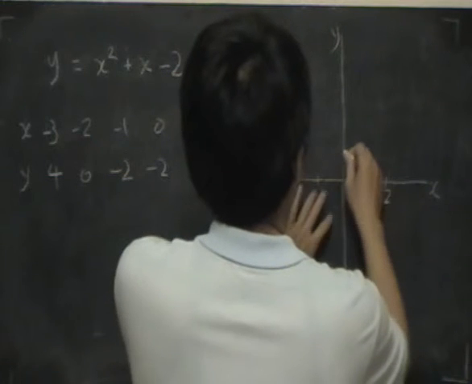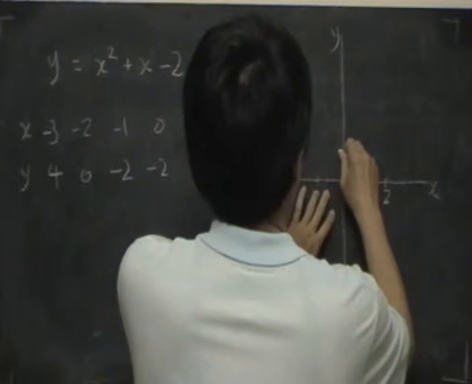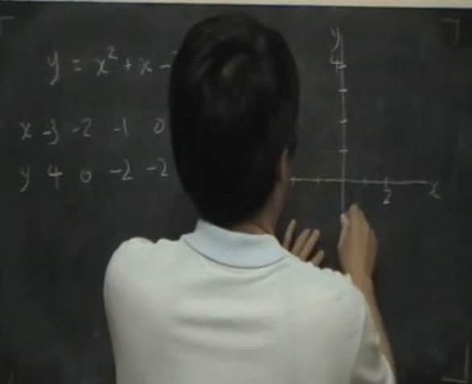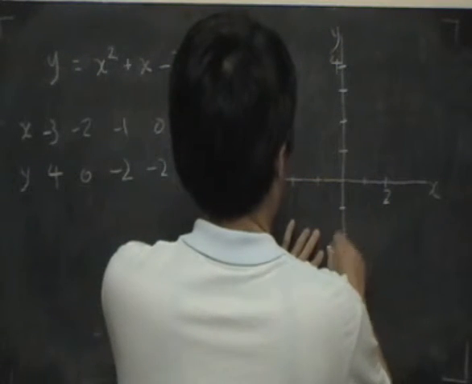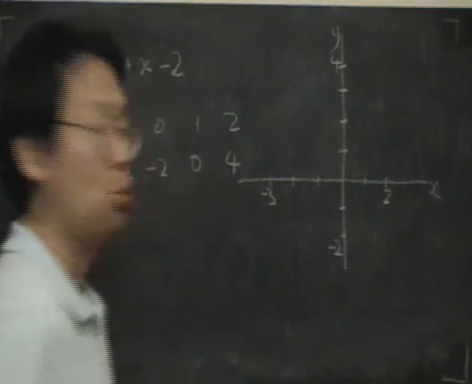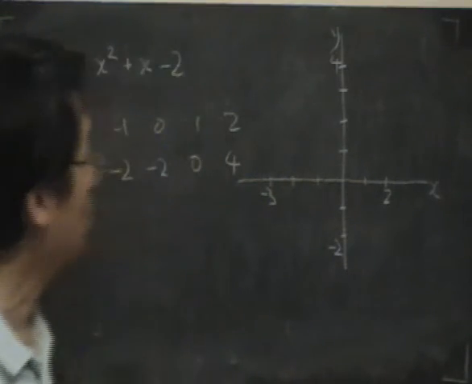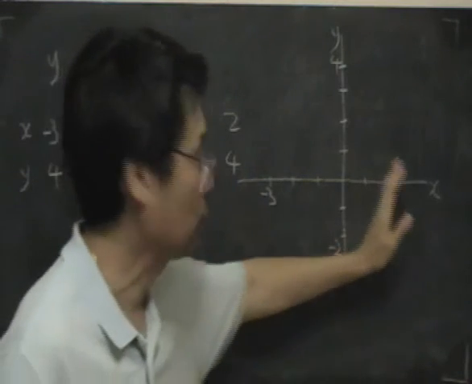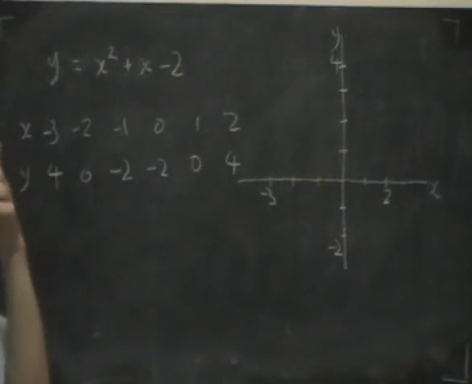Right, so 1, 2, 3, 4, minus 1, minus 2. So I've quickly marked out the highest and the lowest values for x and y.